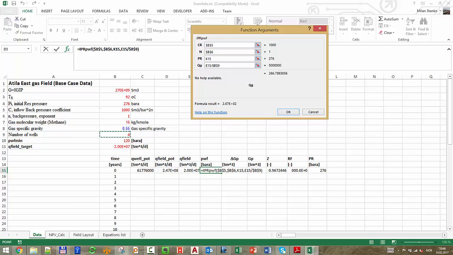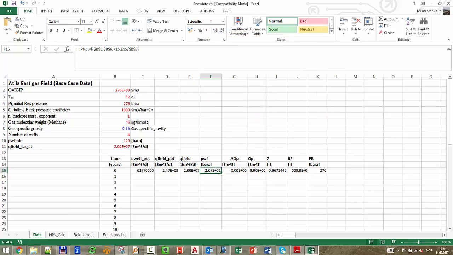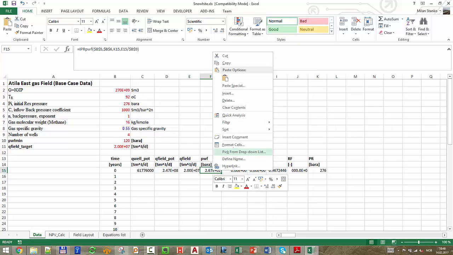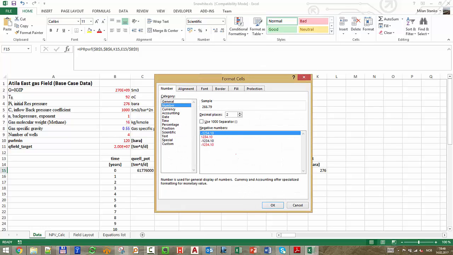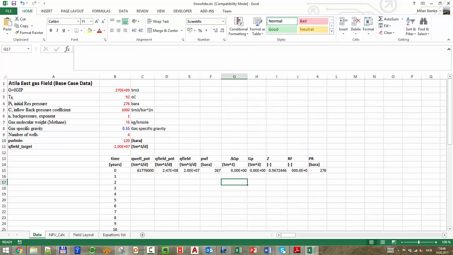Yes, because it has to be the rate per well, the plateau rate per well. Okay, that we are going to change the format. Let's change it to number. Okay, that tells me I have to apply 267 in the sand phase exactly to get the plateau rate.